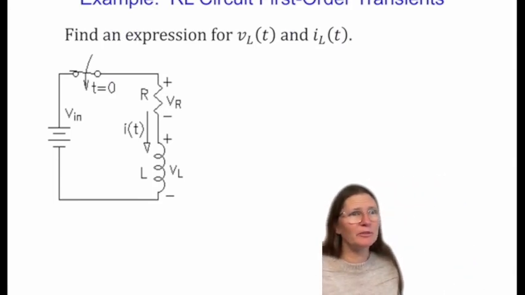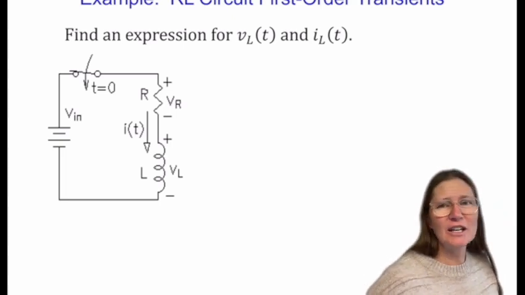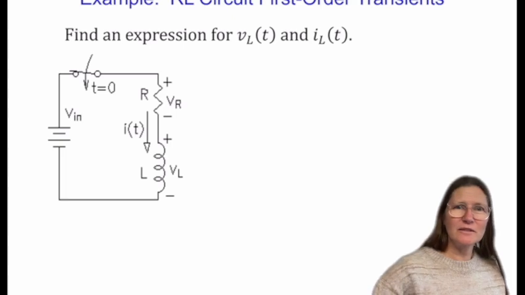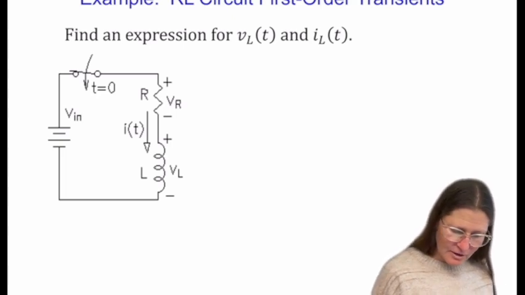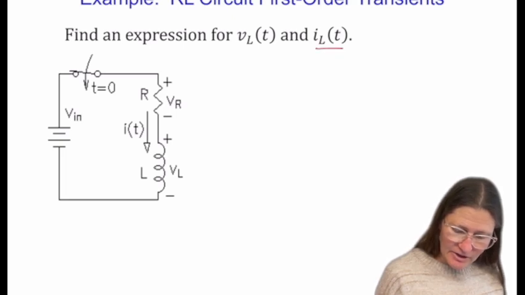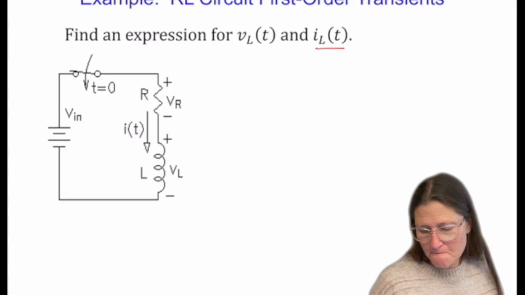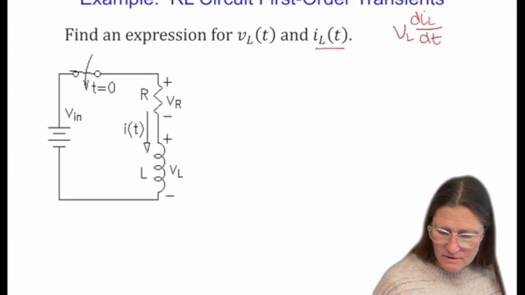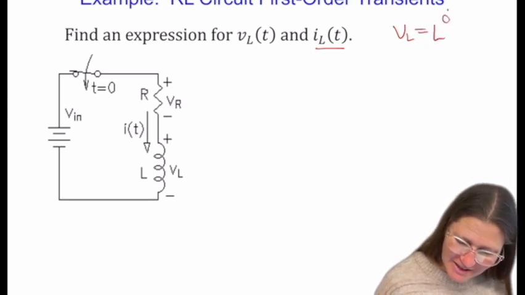So same steps, except for now you have an inductor. So go ahead and work through solving for this one to get VL of t and IL of t. And in this case, I would suggest getting IL of t first and then using VL is equal to L dIL dt.